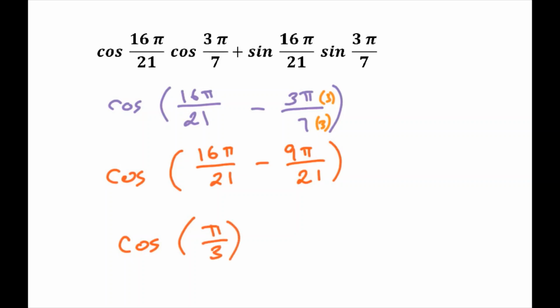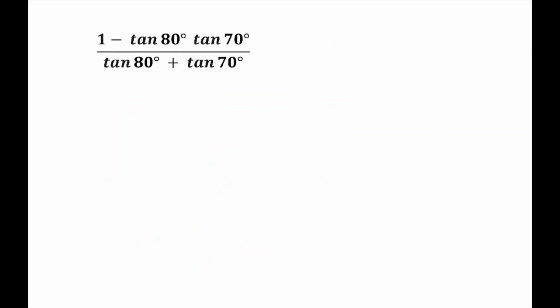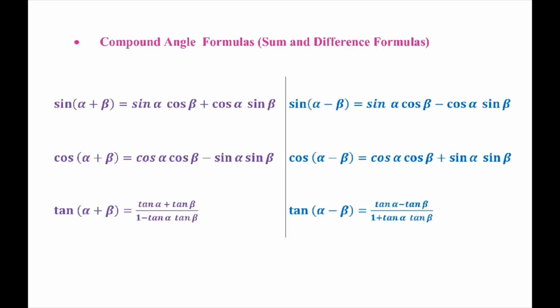And again, I just want you to write it as the sum or difference of two angles, as one angle, by using sine and cosine. Now this is very clear that it's going to be something related to tangent or cotangent. So 1 minus tangent 80 times tangent 70 over tangent 80 plus tangent 70.